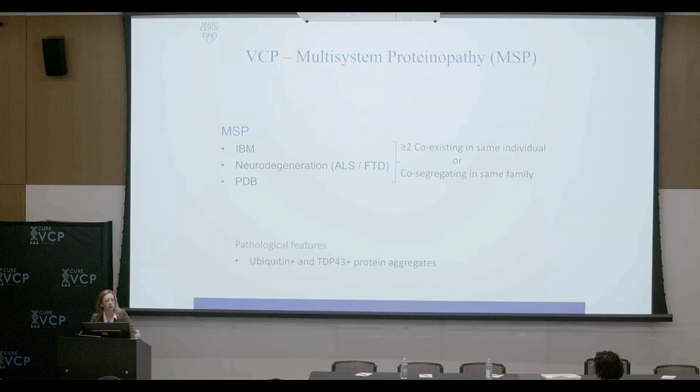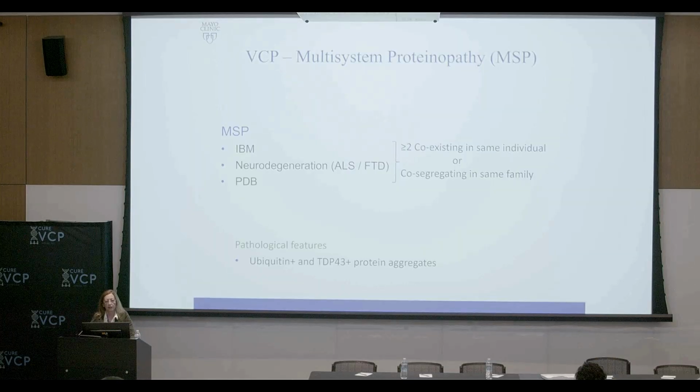A few years ago, the term multisystem proteinopathy was adopted to indicate the coexistence of inclusion body myopathy, neurodegeneration in the form of ALS or frontotemporal dementia, and Paget disease of the bone, present in the same individual or perhaps segregating in the same family, with a pathological hallmark represented by the presence of ubiquitin-positive, TDP43-positive aggregates.